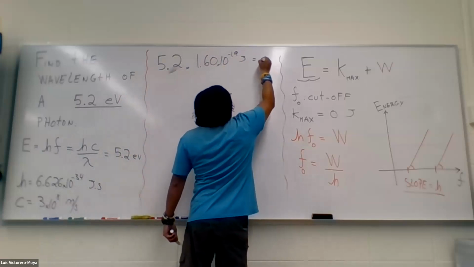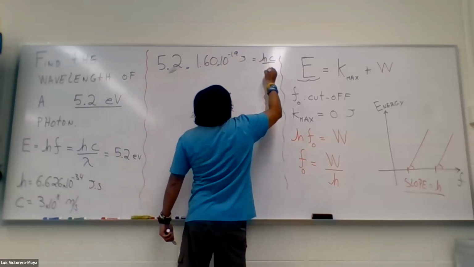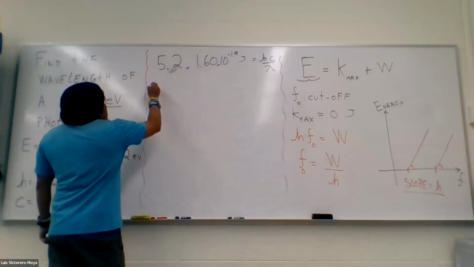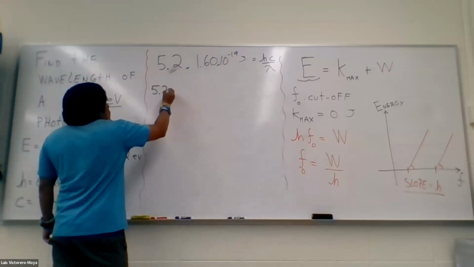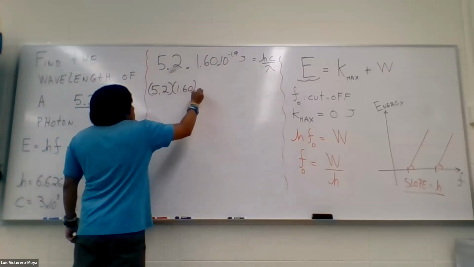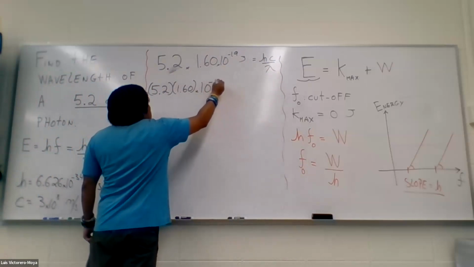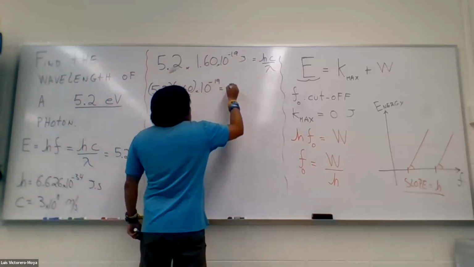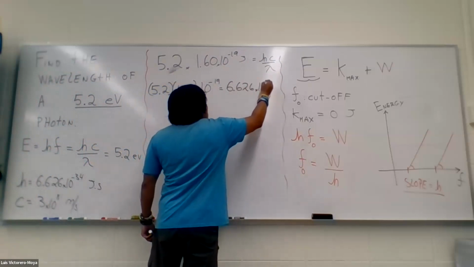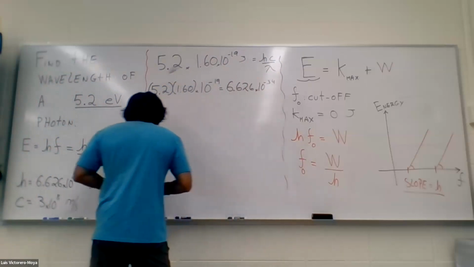That's equal to hc over lambda. So 5.2 times 1.60 times 10 to the negative 19. h is 6.626. That's your h.